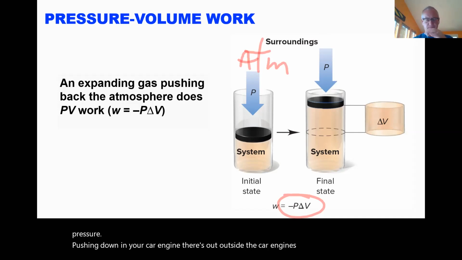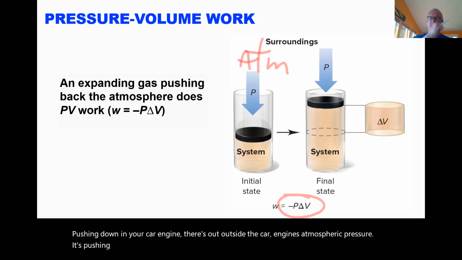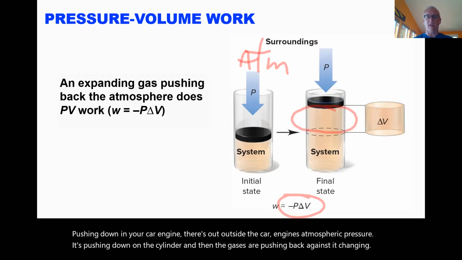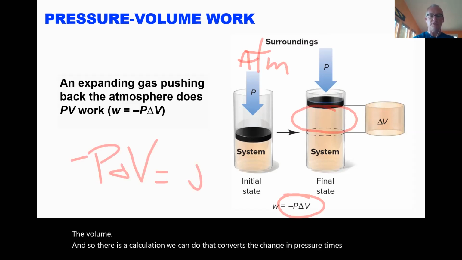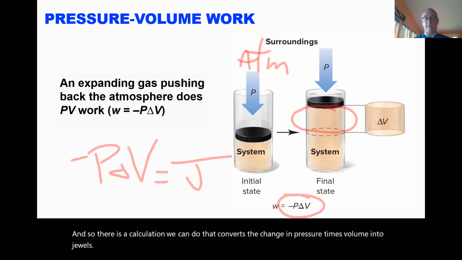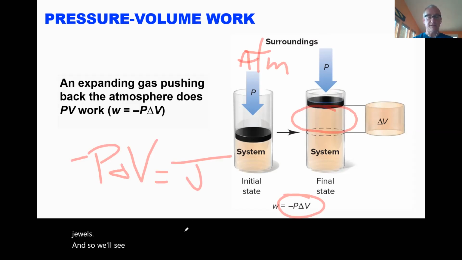It's pushing down on the cylinder, and then the gases are pushing back against it, changing the volume. And so there's a calculation we can do that converts the change in pressure times volume into joules. We'll see what that conversion is.